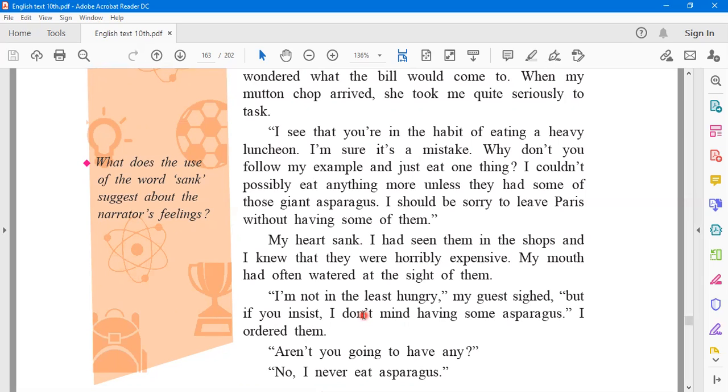Prefixes are alphabets which you are going to add before a particular word. And many times you get a new word and many times it is the opposite of a particular word. So antonyms or opposites can be formed by adding a prefix. Modest, immodest; im, ir, in, mis, non.